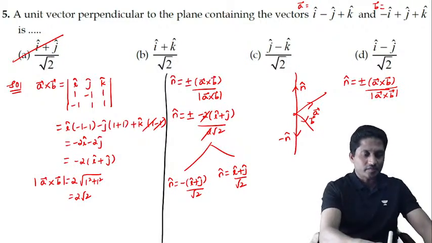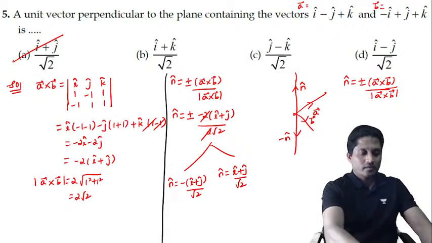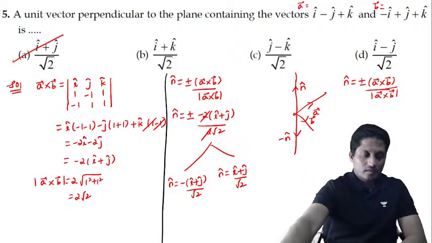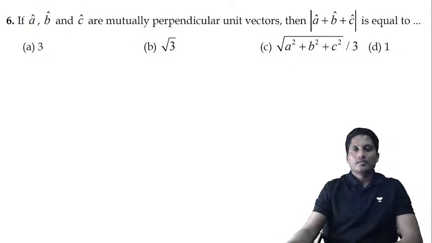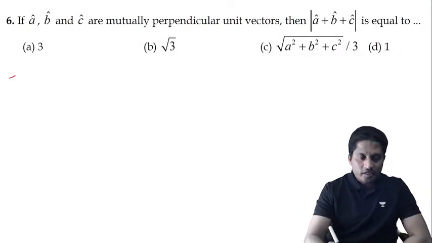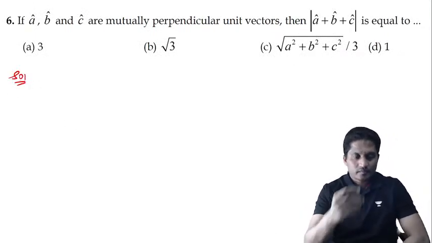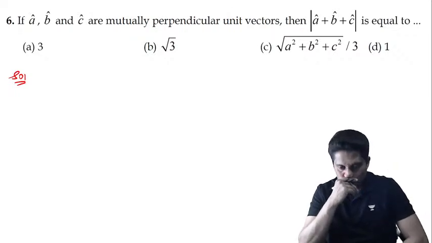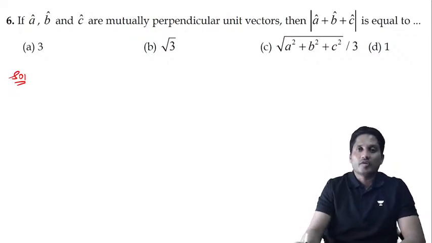Right, let's move to the next question. According to the question, A, B, C are mutually perpendicular unit vectors.